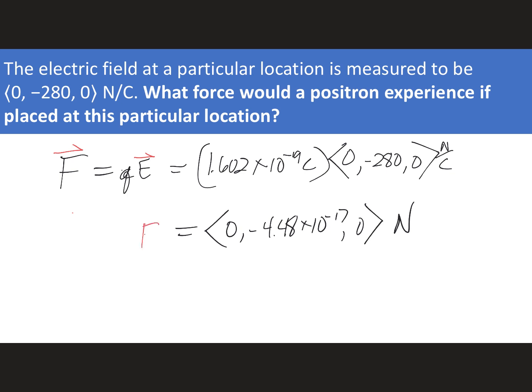If I were to write the magnitude of that vector, since everything is one non-zero component, if I square every component, add them and square root it, I'm just going to get that y component back, and its magnitude would end up being 4.48 times 10 to the minus 17 newtons if it was just asking for a magnitude. But it asked for the force, and it gave you vector inputs, so it's expecting vector outputs.